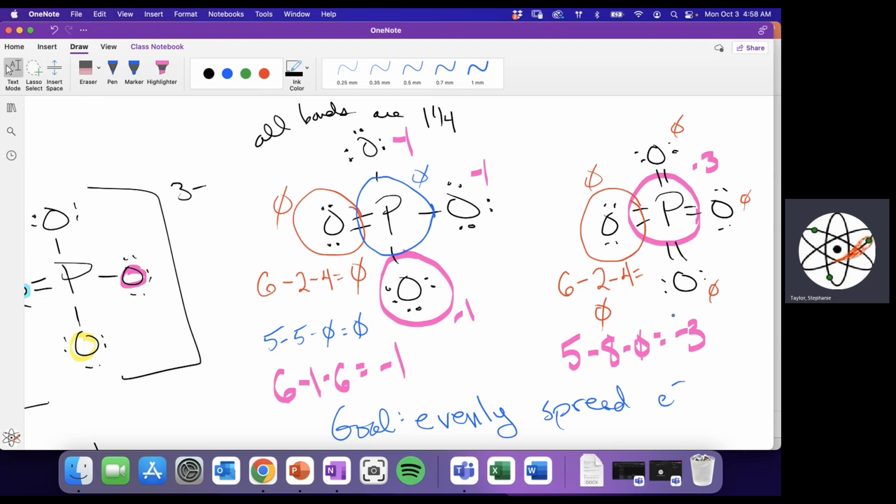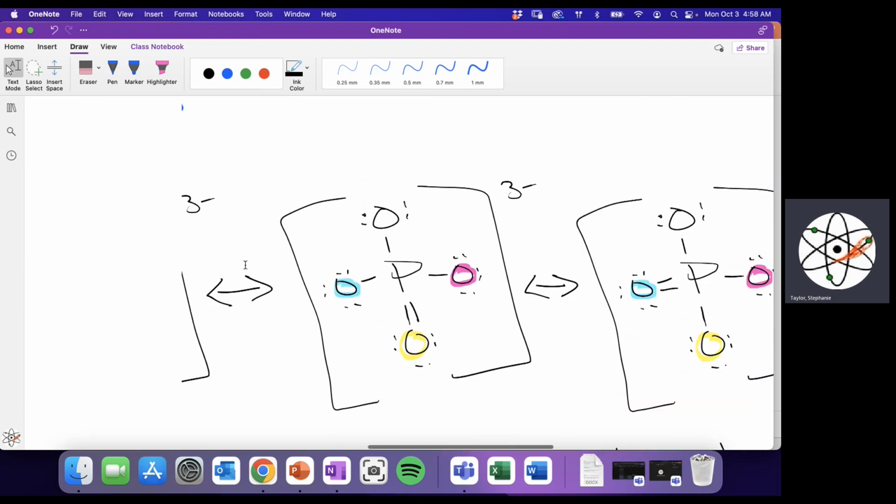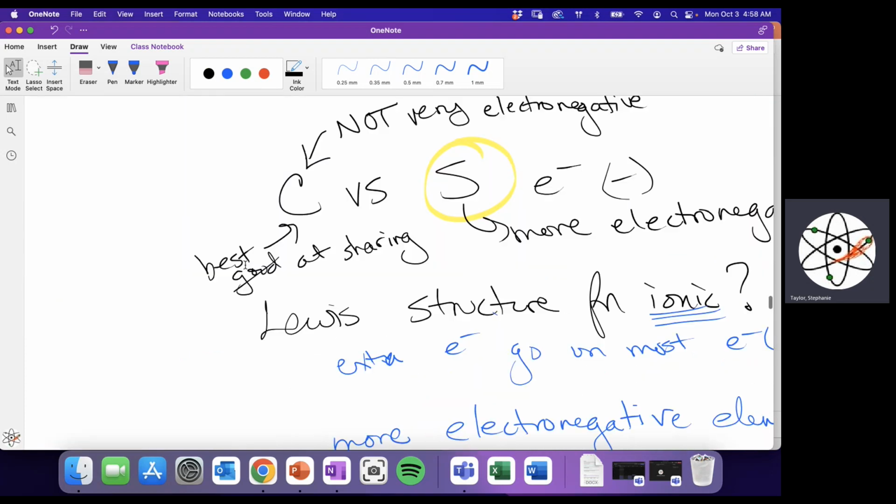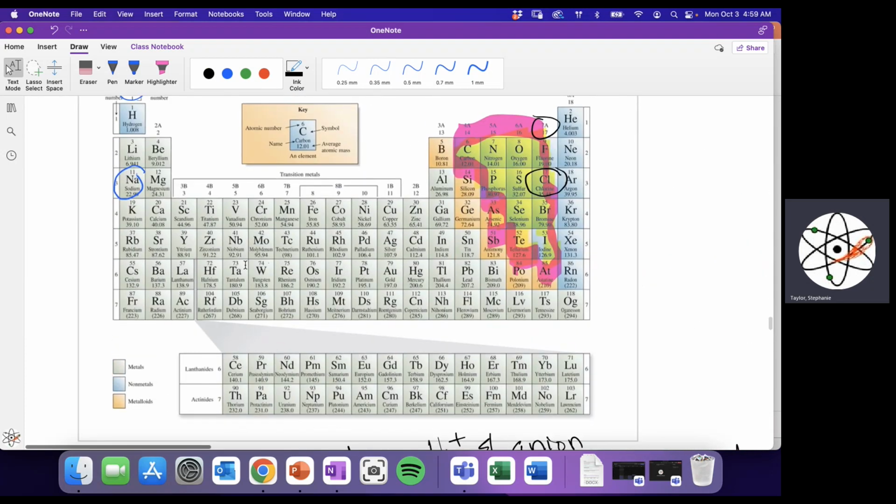The other thing to keep in mind is phosphorus is less electronegative than oxygen. Oh dear, where is my periodic table? Now I want it. So phosphorus is hanging out on the periodic table, and phosphorus is in fact less electronegative than oxygen.